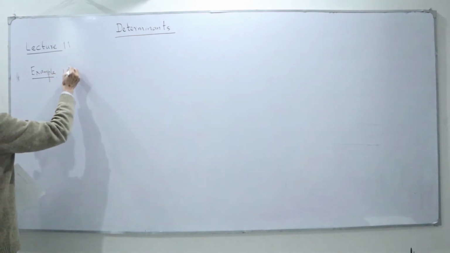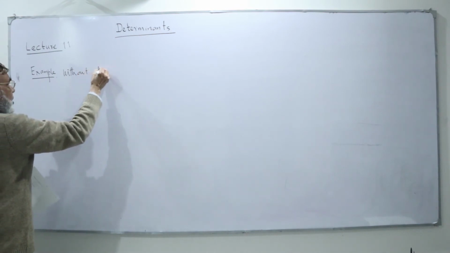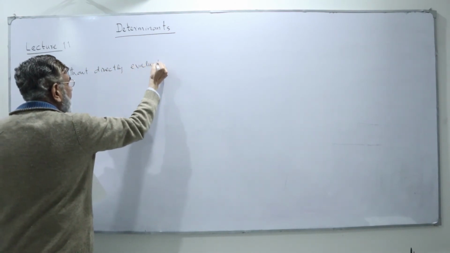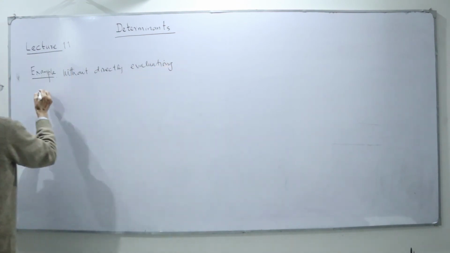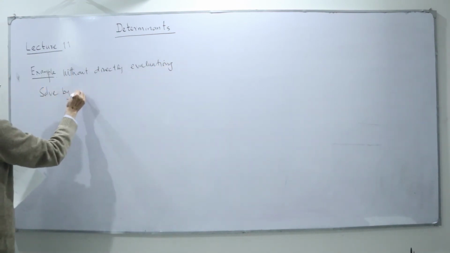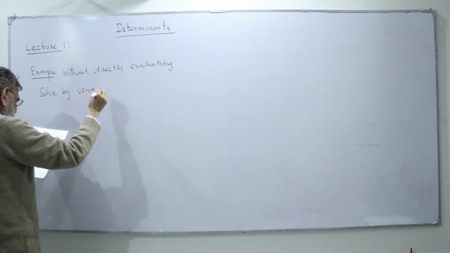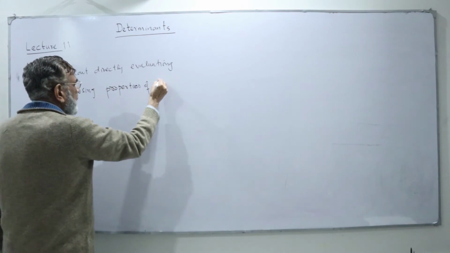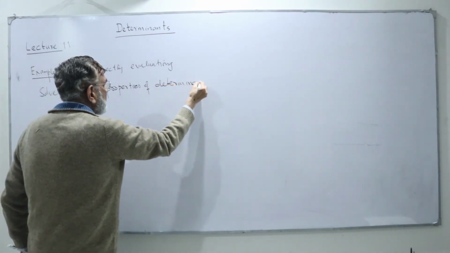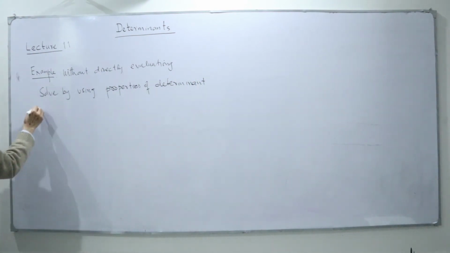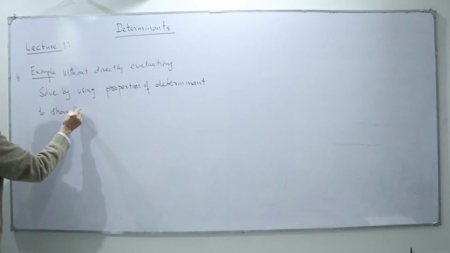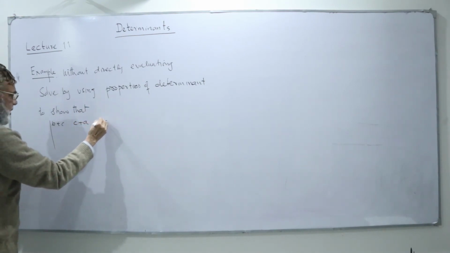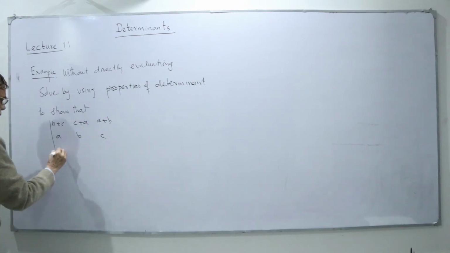The question is: without directly evaluating, solve by using row reduction, using properties of determinant, to show that the determinant of the matrix with rows B plus C, C plus A, A plus B; A, B, C; 1, 1, 1 is equal to 0.